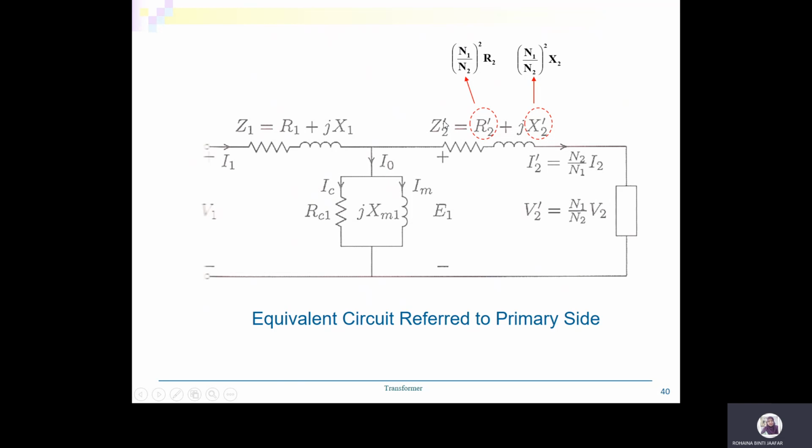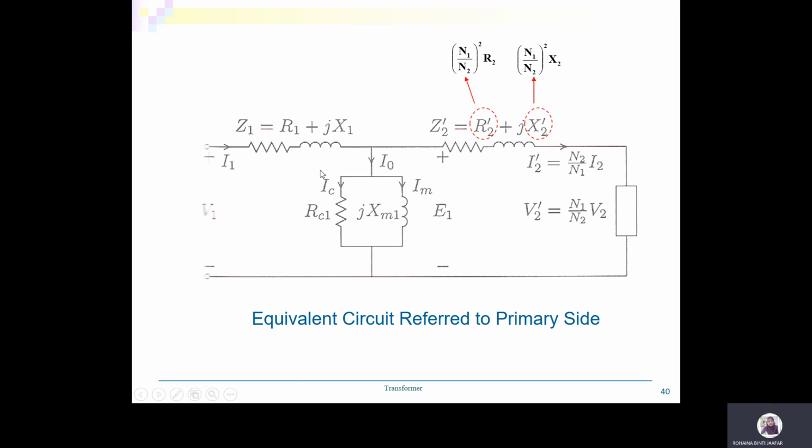Then Z2 referred to the primary side equals R2 plus jX2, where R2 is (N1 over N2) squared times R2, and X2 is (N1 over N2) squared times X2. Normally all the information for N1, N2, X1, R1, R2, X2 is given, but you have to find your own Z2 using this formula.